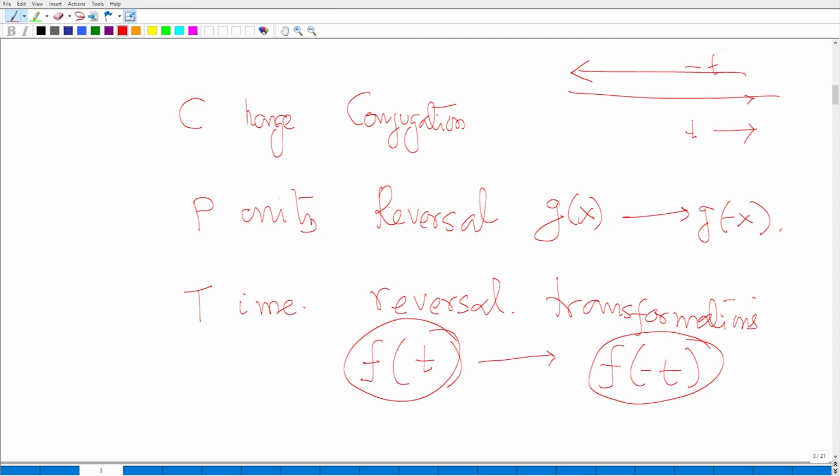Then I would say that my function g is invariant under this operation x going to minus x, or parity transformation.